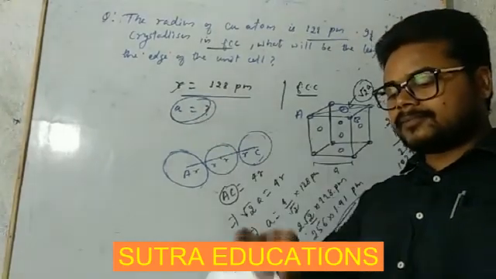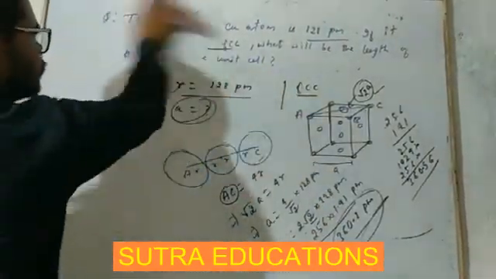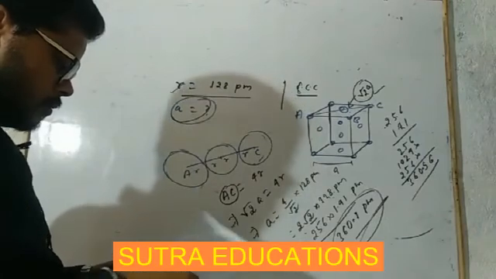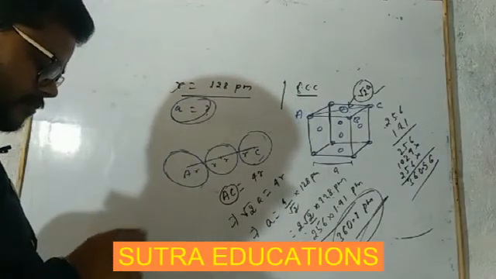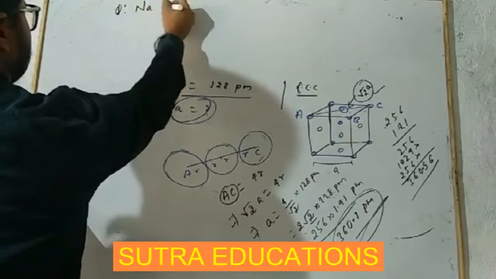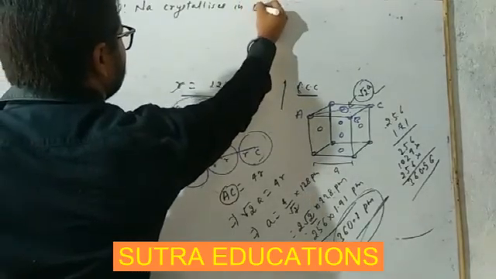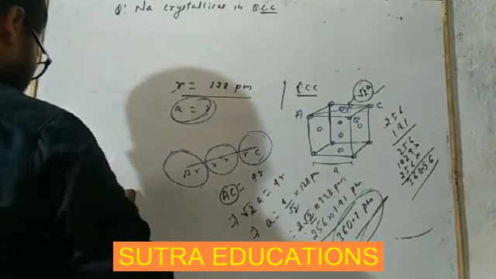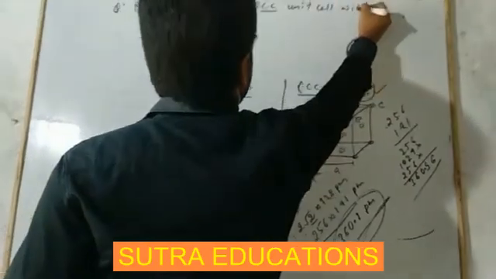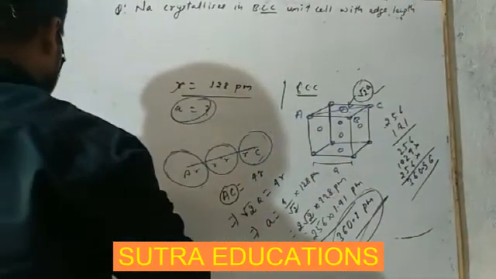Now the next question is: sodium crystallizes in a BCC unit cell with edge length 4.29 angstrom.